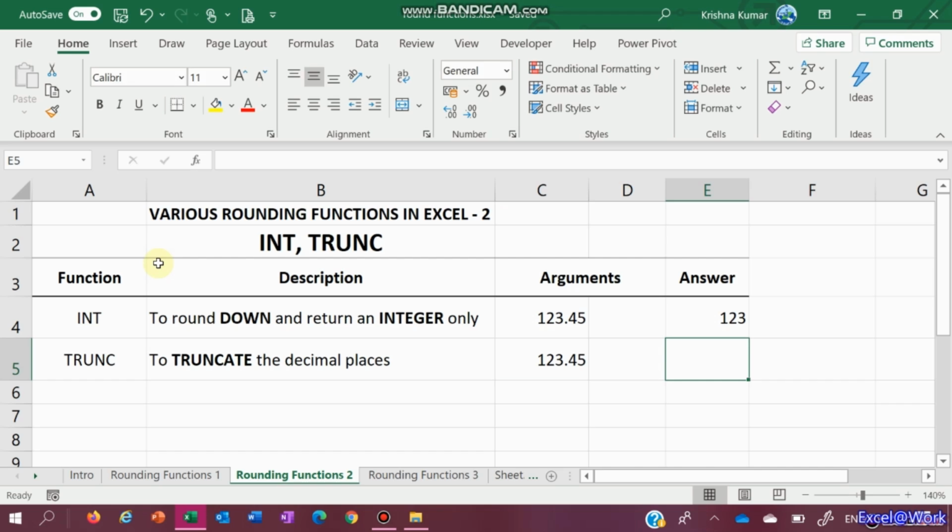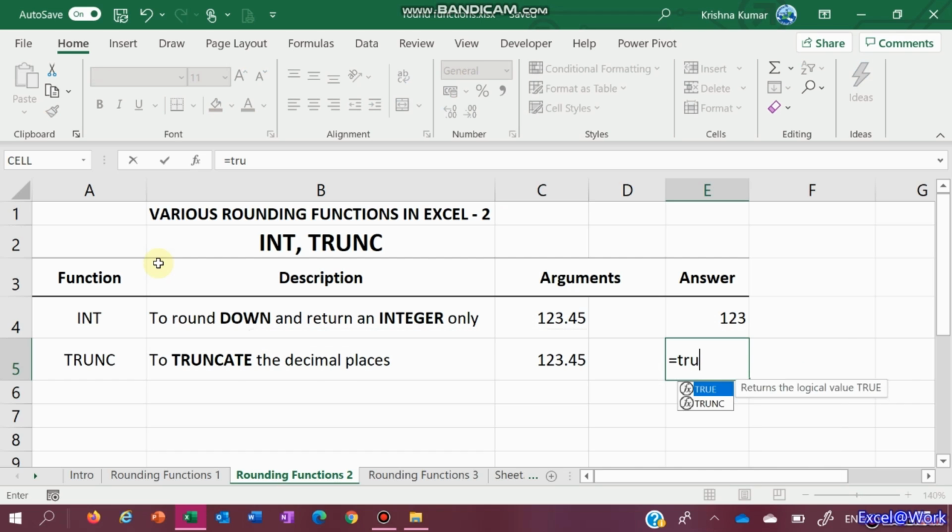Truncate, let us use the same number, which is the same formula here. Let us see the syntax. TRUNC has a number and an optional entry of number of digits. So again, let us use the same C5 and the argument in D5. Since D5 is now empty, it will be ignored in the formula.